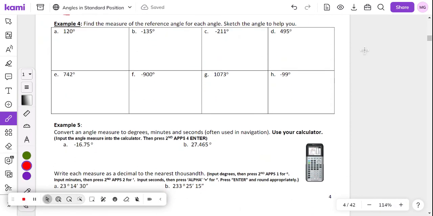So I want you to sketch a 120-degree angle. I think the easiest way to explain this is to show you. So we have, of course, our terminal side here, and 120 degrees would land here. So that is a 120-degree angle. What's going to be super important for us in this class is to deal with the reference angle.